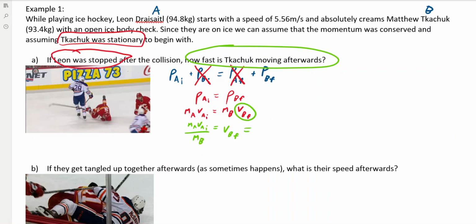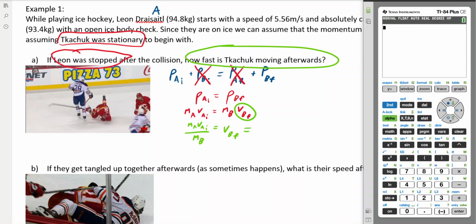And now all we have to do is type this into our calculator and solve it. Here it is. The mass of Draisaitl, 94.8, times the initial velocity of Draisaitl, 5.56 meters per second, which I Googled. These are roughly speeds that they could be going at.